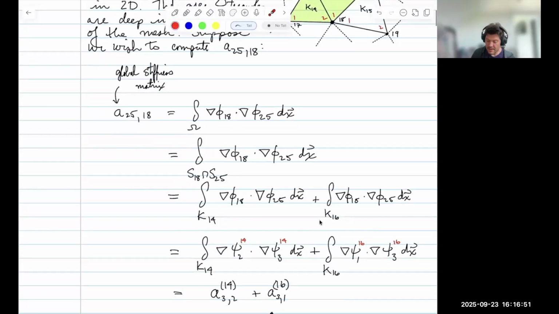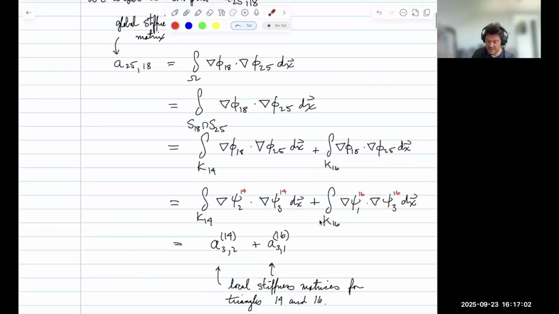Okay, so now what I've done is I've resolved this kind of massive global calculation to two local calculations. Now remember that this is stored in the local stiffness matrix for triangle 14. And this is precisely equal to A3214, right?